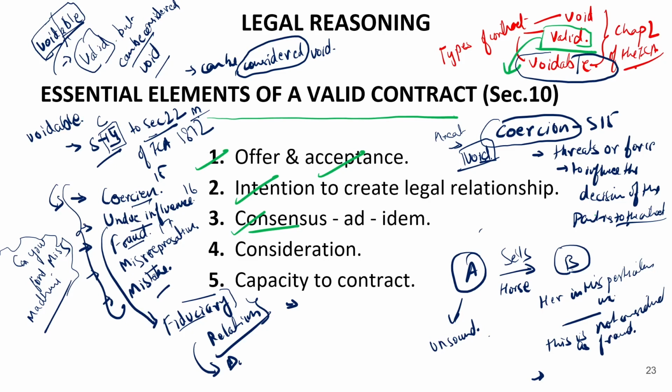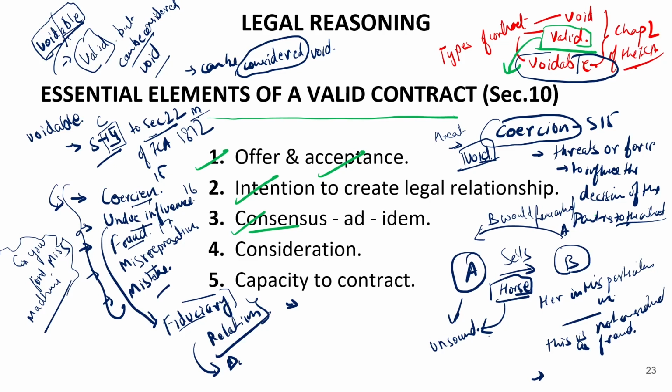But if B had asked A whether the horse is of sound nature or not, and at that point A had said that no, it is of sound nature, instead of telling the harsh reality, instead of providing the truth of that particular fact, then it will be considered a fraudulent act.